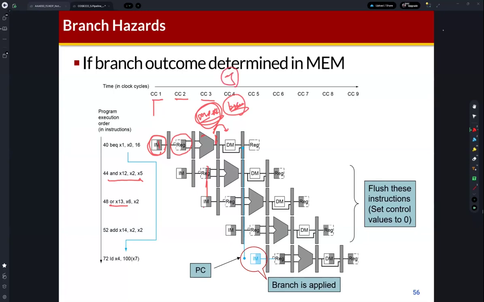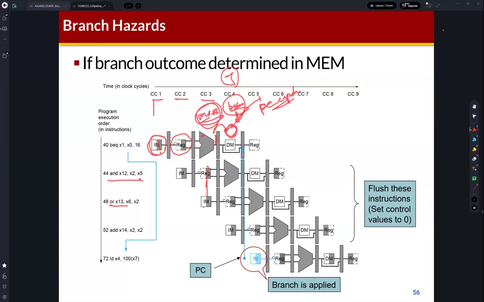We need to jump to the target of the branch instruction. But we finally get to know the result of the branch instruction in the memory stage. Using this result, we just generate the PC update signal. So the PC will be updated by the target of the branch instruction, right?